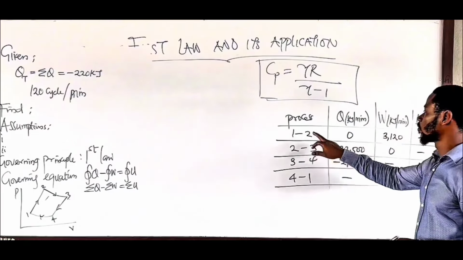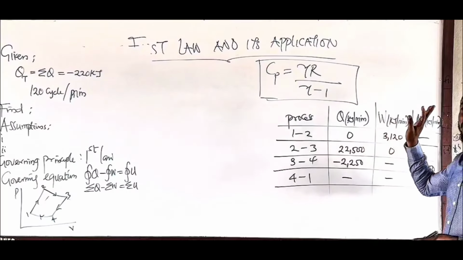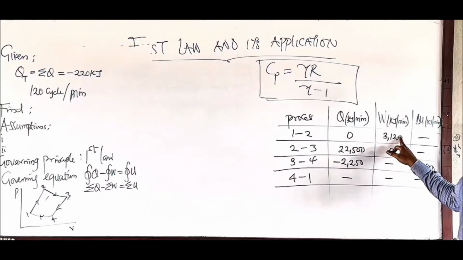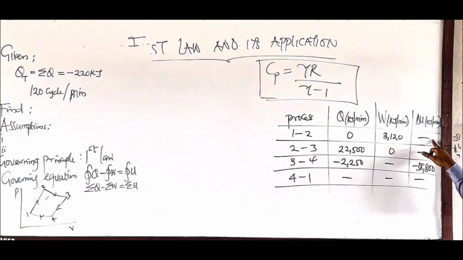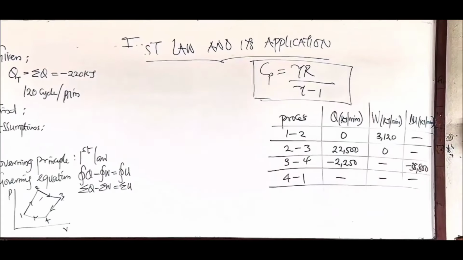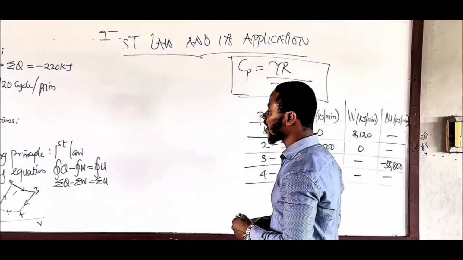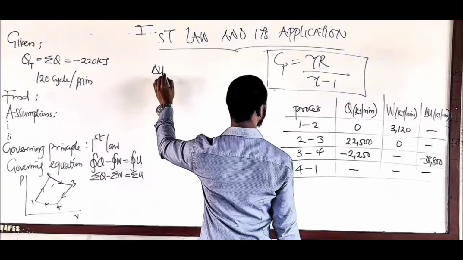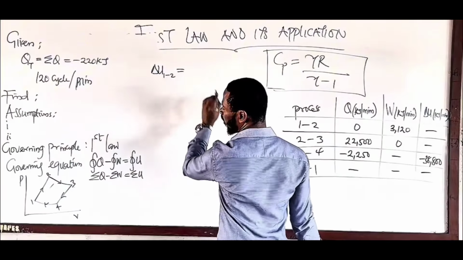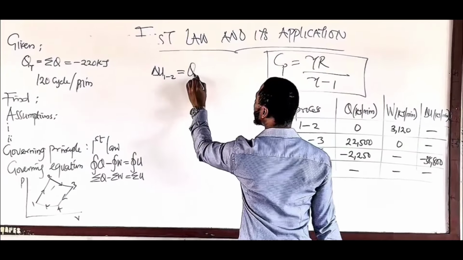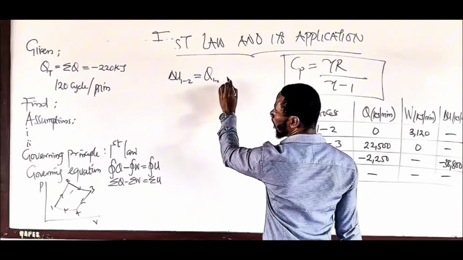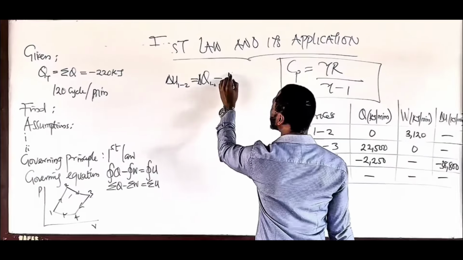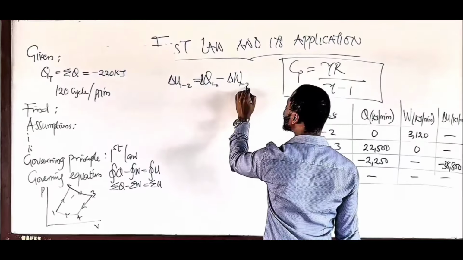From process 1 to 2, we are given the heat, we are also given work. But the only missing term is the internal energy. Making internal energy the subject of the formula, we have change in U from process 1 to 2 equals change in Q from process 1 to 2 minus change in W from 1 to 2.